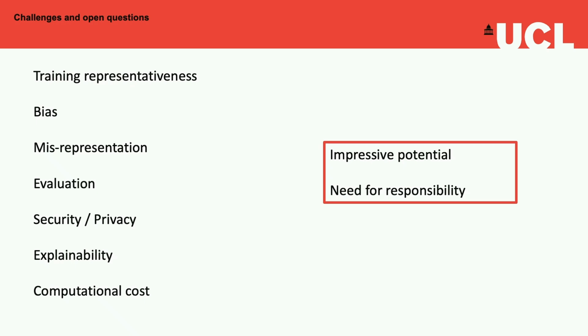I mentioned explainability because obviously we may want to know where the generation comes from and trying to see where the final image that we have tells us something. And obviously there is a computational cost. So here, at UCL, we are very lucky to have a lot of computational power. That may not be true in all settings.